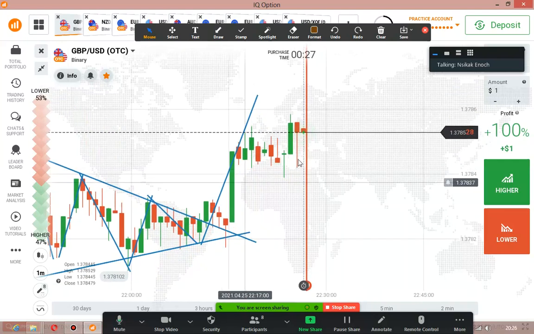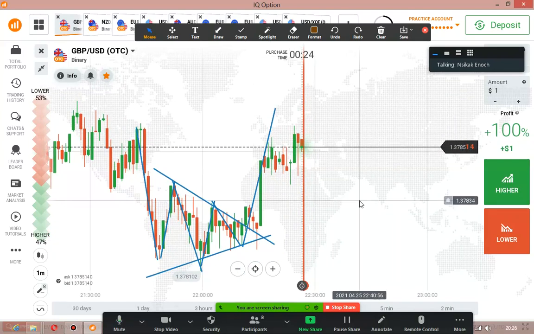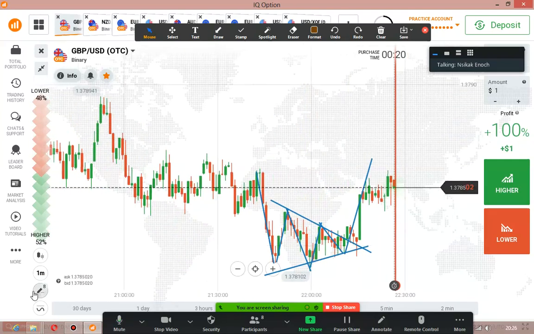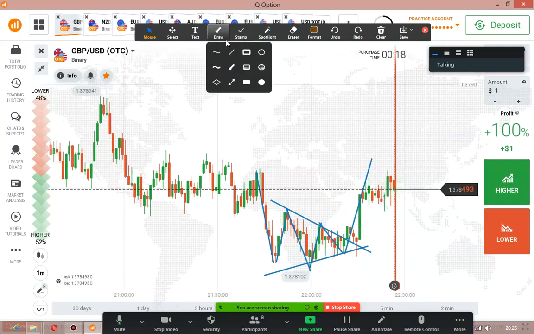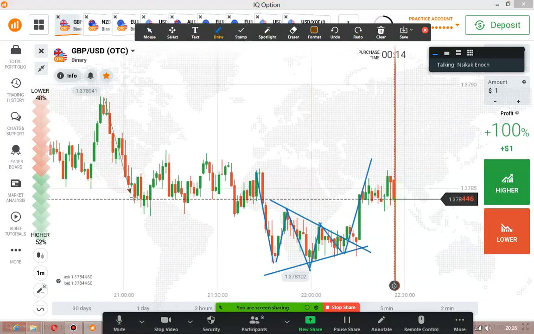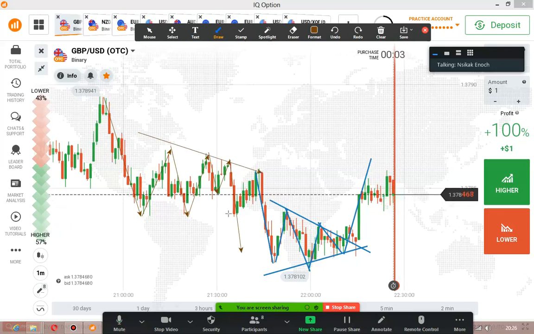But I didn't see any opportunity here. Don't worry, I will show us some of the patterns. Okay, here you can see this one also. This is like a bearish continuation pattern: down, up, down, up, down, up, down, here and here.